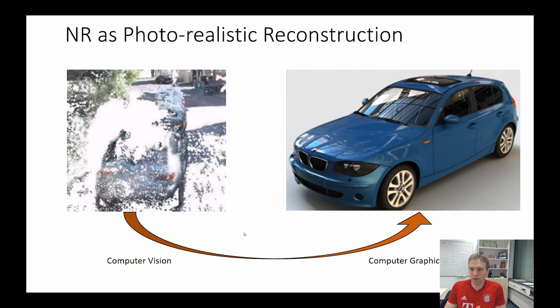So for instance, when people ask me, what is NeRF? I'm always going to answer it's not really a learning method. It's more like a multi-view stereo reconstruction method that at the end of the day gets your radiance field that is going to be reconstructed. And then you can render it from different viewpoints. And I think that's kind of the idea of neural rendering.